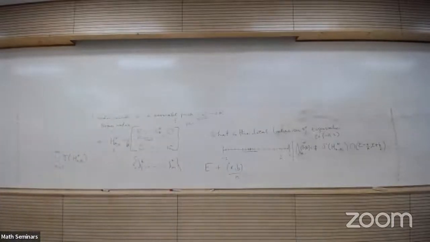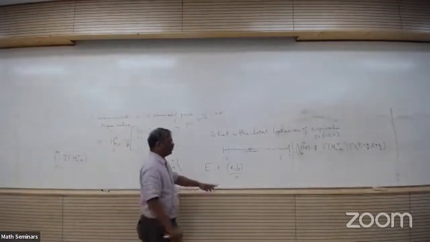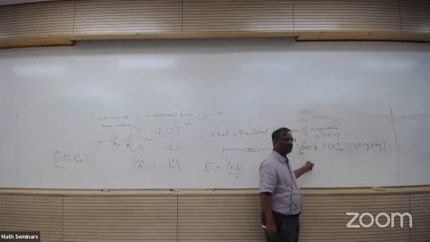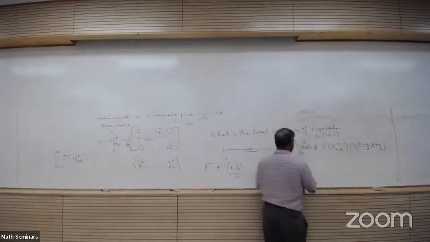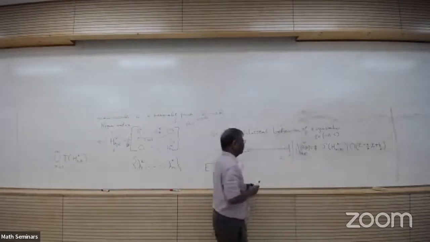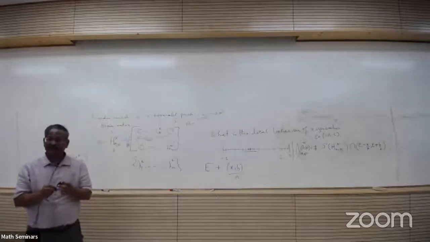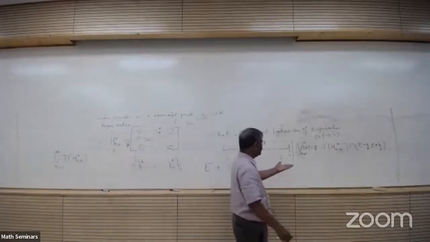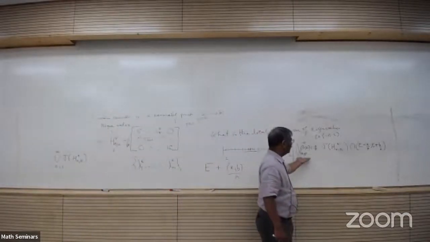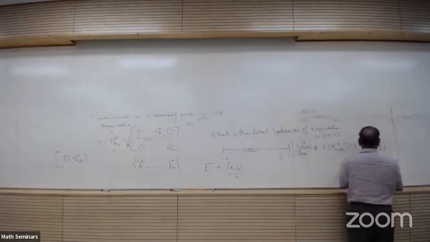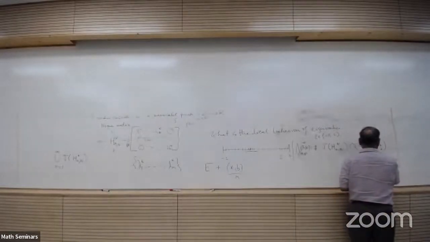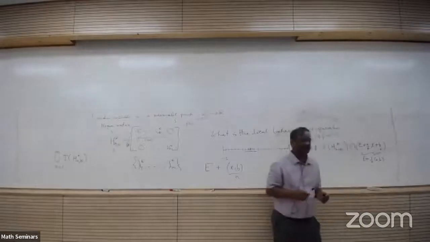I take an interval AB in the real line, and I count this. It also depends on the point E, so N_n^E of this. I'm going to fix E once and for all. Actually what I have written is wrong. This interval is E plus 1 by n times AB. That's what I want.